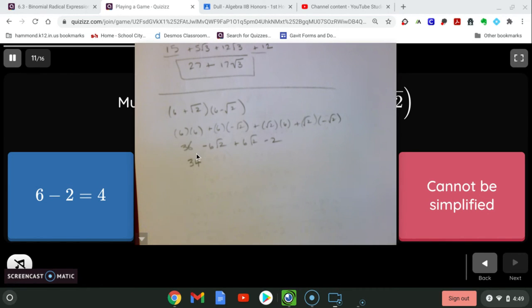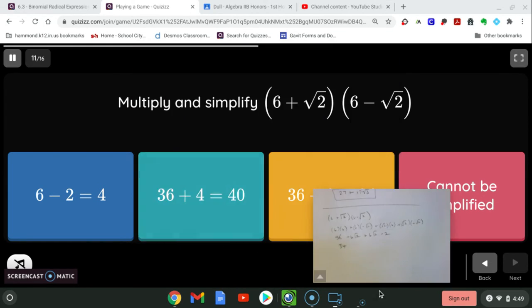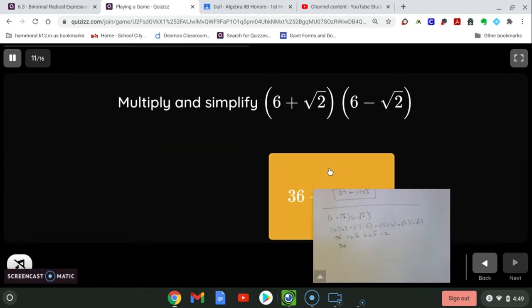So if you take a look at the work, 36 minus 2 gives 34, and then these two middle terms are opposites. They're going to sum to 0. That eliminates the radical term, and I'm left with just 34.